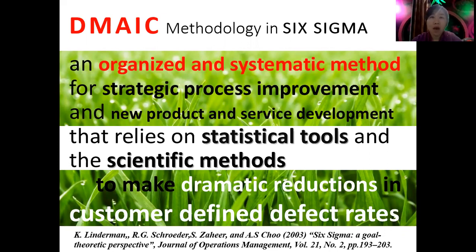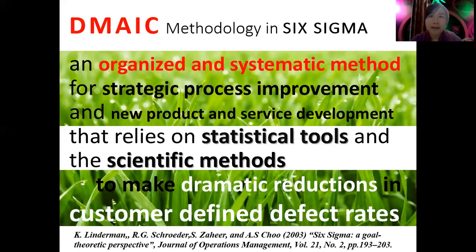It's like the one in the PDCA cycle to support process improvement in an organization or to develop new products and services in that organization. However, it relies on using statistical tools and scientific methods.